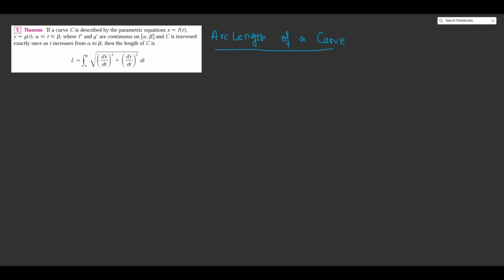Okay, again, if you remember from your previous knowledge from calculus 2 or integration, suppose that this is our function y equals f of x, and this domain is given to us.